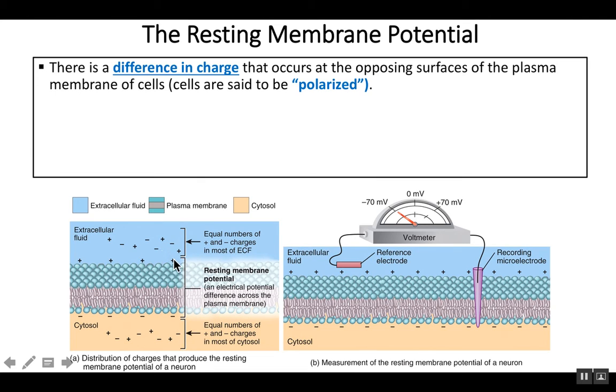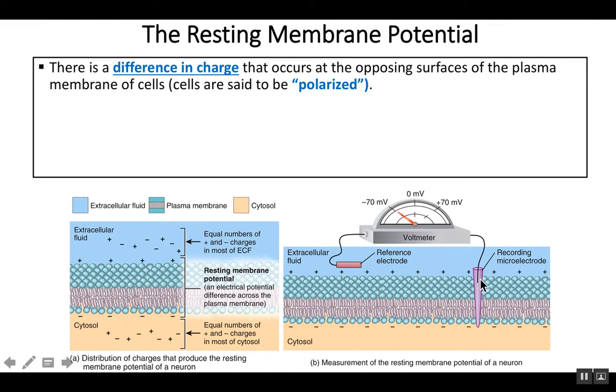But there isn't. Notice that there's more positives on the outside of a cell than there is negatives. So there's a positive charge on the outside. The inside, there's more negative. So the negatives kind of line up along that surface. The positives line up along the outer surface.